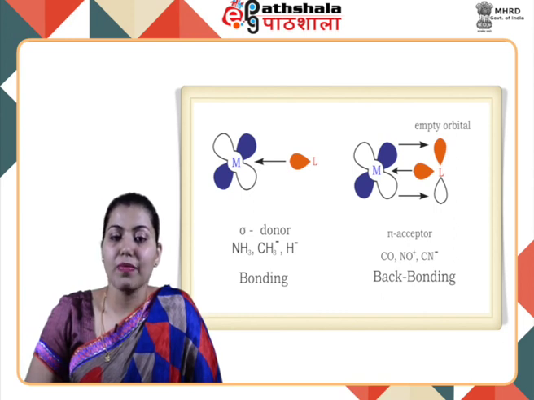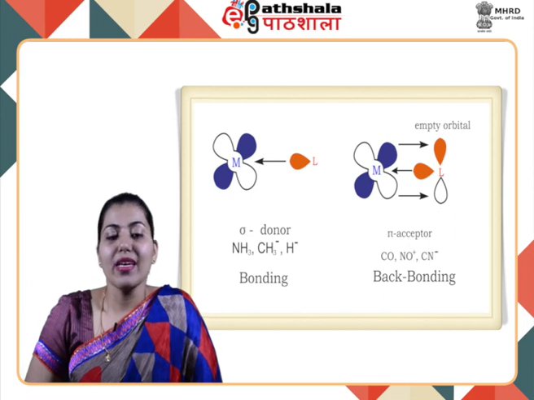This happens because sigma donation leads to increased electron density on the metal, which is now amplified by back donation. Conversely, pi back donation reduces the amount of electron density on the metal, which now allows more sigma donation from the ligand to the metal. Hence, it can be said that both are supporting each other.